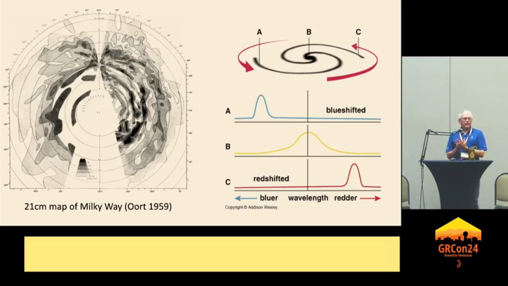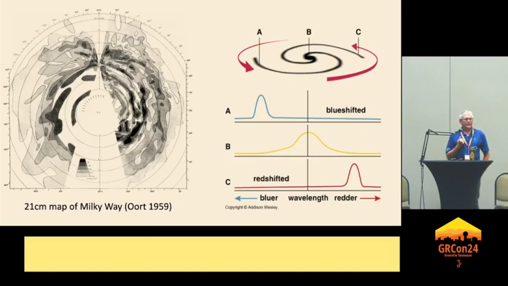Now, by looking at this spectral emission at different locations in our Milky Way galaxy, looking at the Doppler shift of that 21 centimeter line and its location in different galactic longitudes and latitudes, you can develop a picture of the spiral structure of our Milky Way.